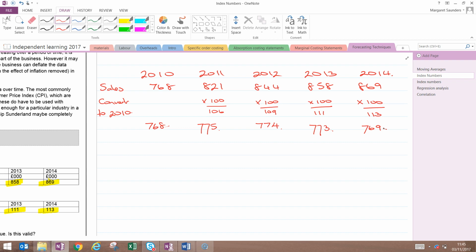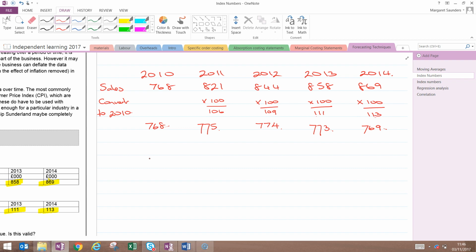And then we divide each figure by the index that relates to that particular year. 2010 is referred to as the base year because we've taken all the figures back to 2010 prices.